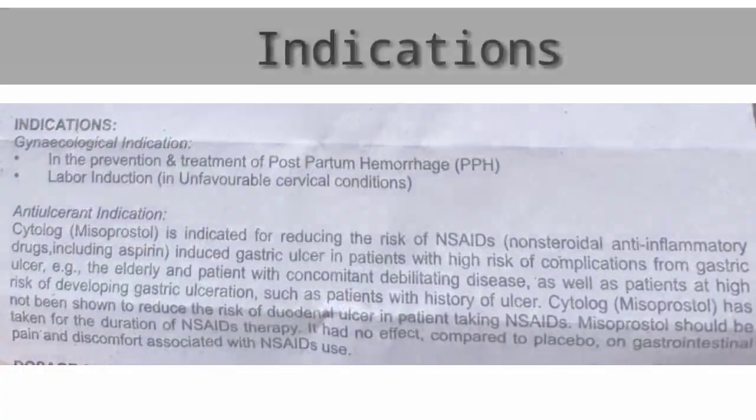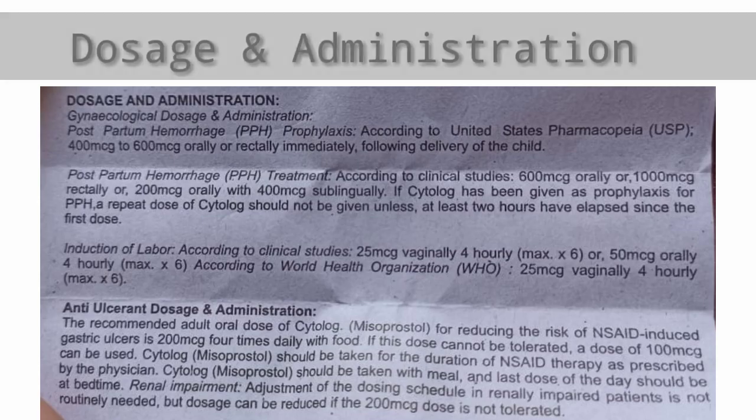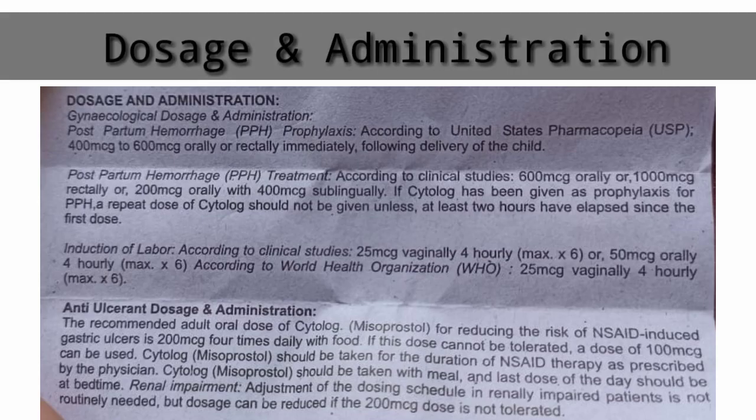Dosage and administration. Gynecological dosage and administration: postpartum hemorrhage prophylaxis according to the United States Pharmacopoeia is 400 mcg to 600 mcg orally or rectally immediately following delivery of the child.